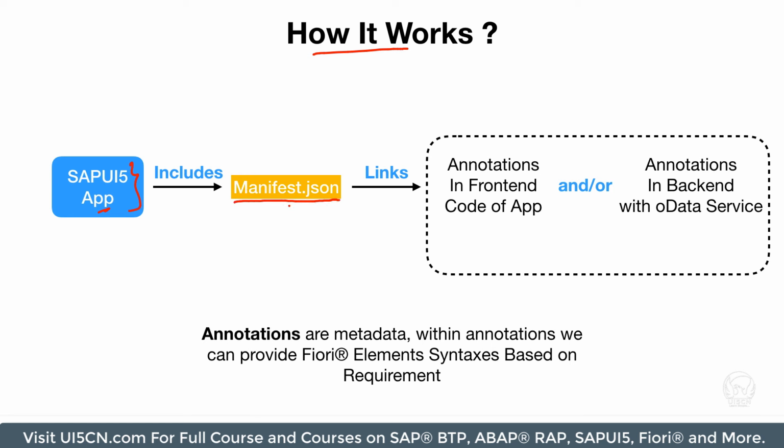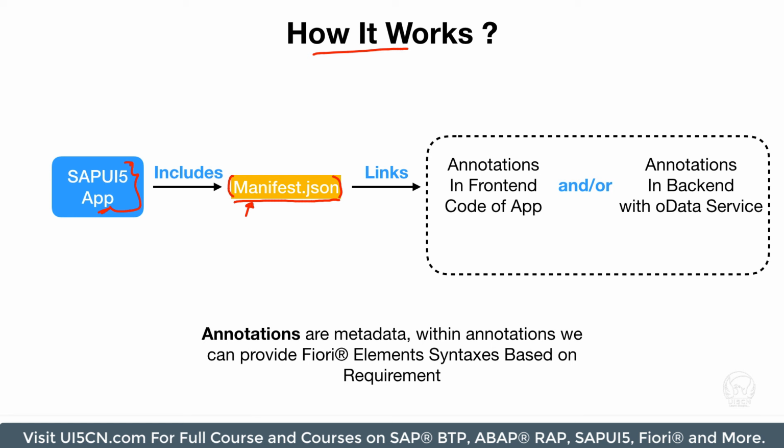Now, if you are coming from a development background and you have already created an SAP UI5 application in the past, or have worked with development which requires you to see the framework or the file structure, then you will see this file called manifest.json. So this is the application descriptor file.